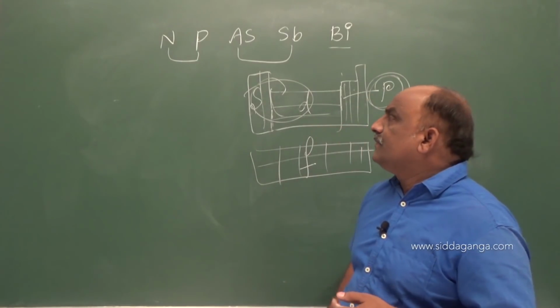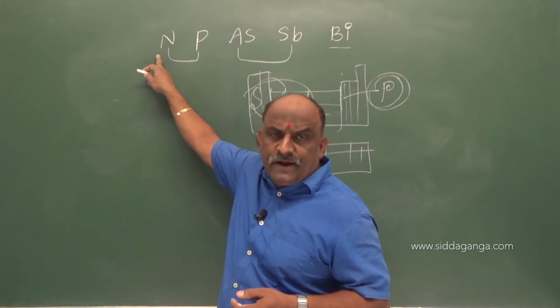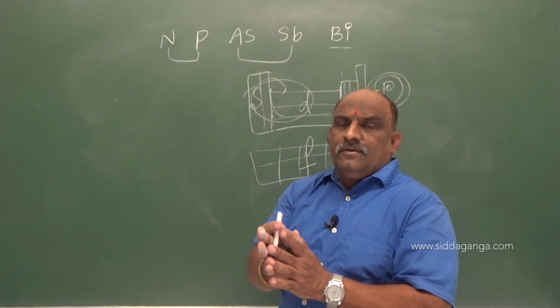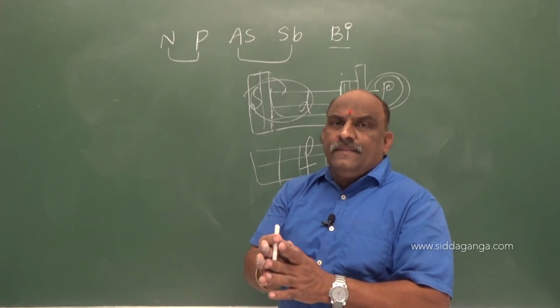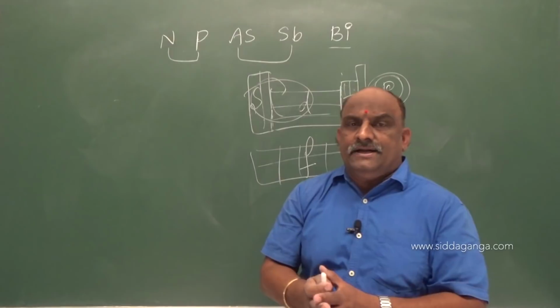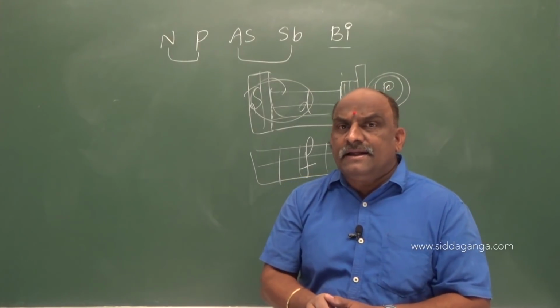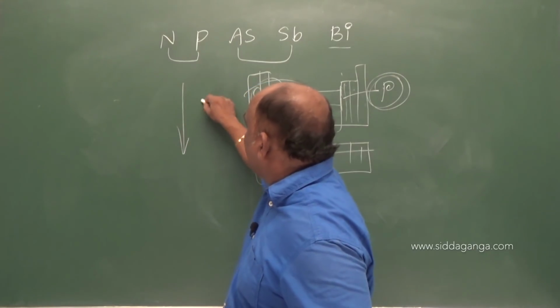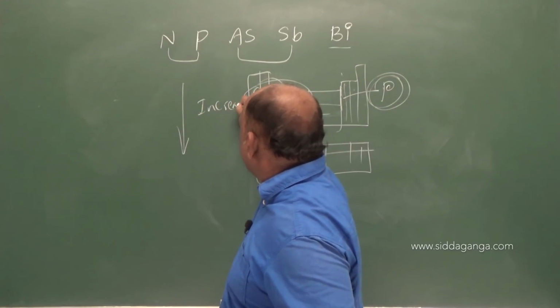While coming to the 15th group (VA) elements, one simple trend is metallic character. Down the group, metallic character increases.